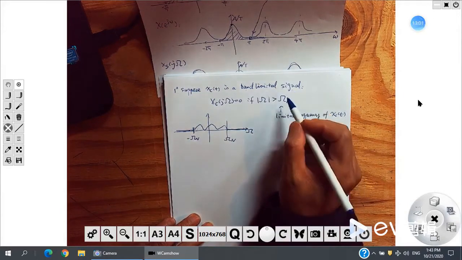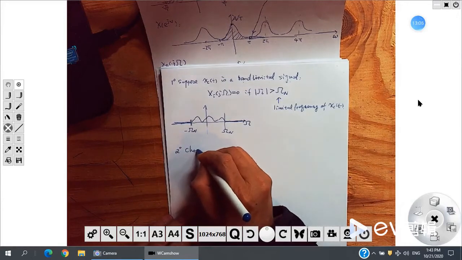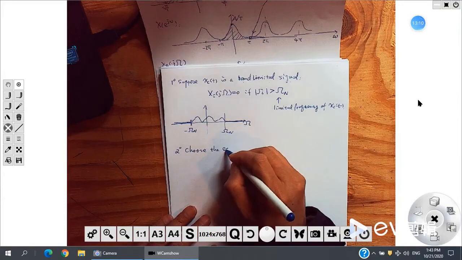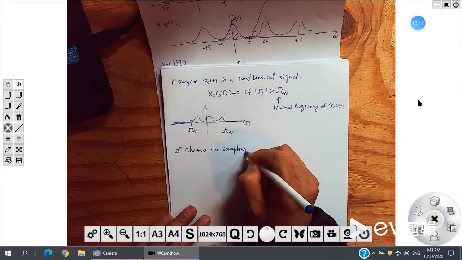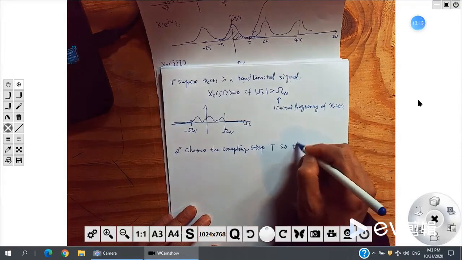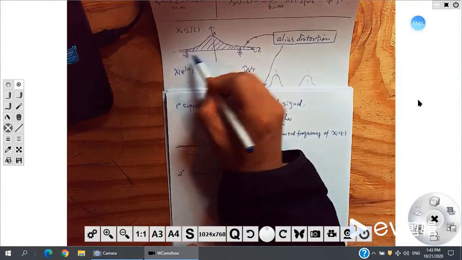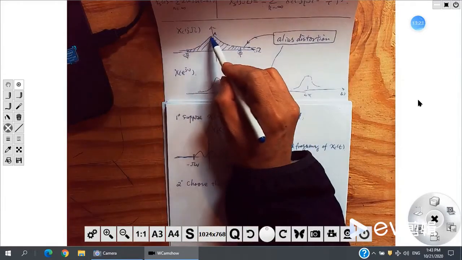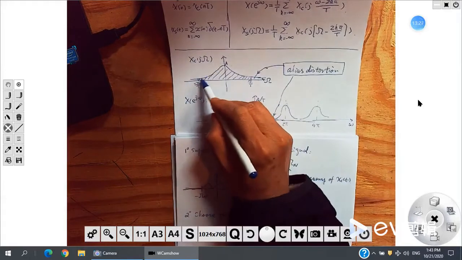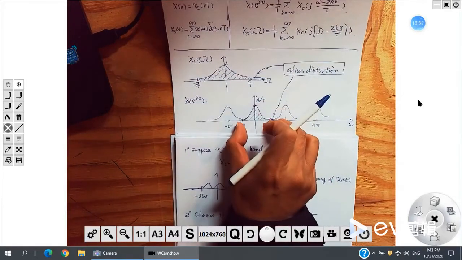For this kind of signal, we can choose the sampling step T so that you can keep this part, right? Take the example, we go back to the frequency domain here, XC of j omega. We can keep this part to be here. We almost keep all the information here, right?